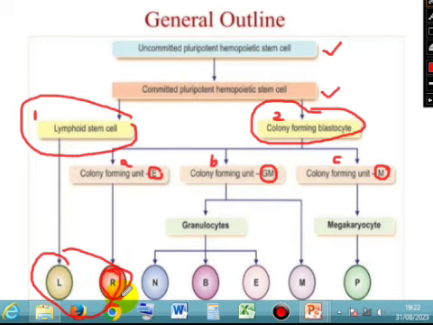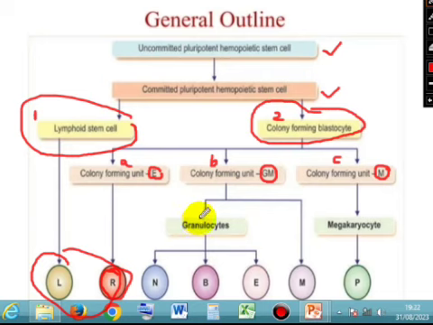Number A is a colony forming unit erythroid. Number B is a colony forming unit for granulocytes and monocytes. And then number C is a colony forming unit megakaryocyte. Good.